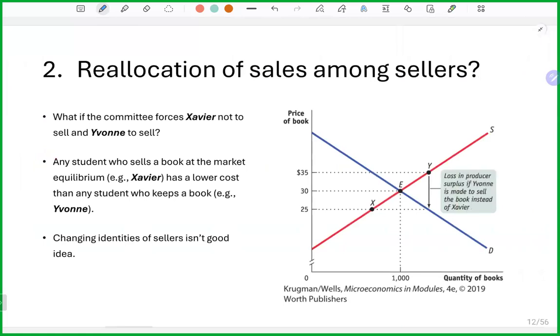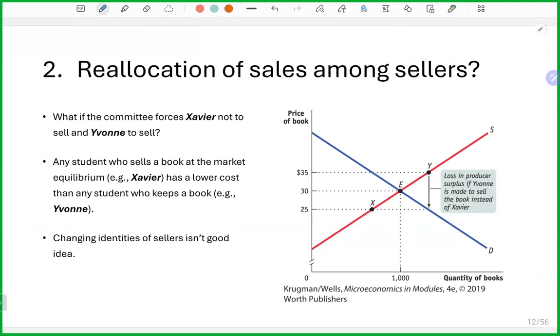Now, reallocating books between sellers. Think about these people here. Xavier, whose cost of selling the book is only $25, will sell the book.